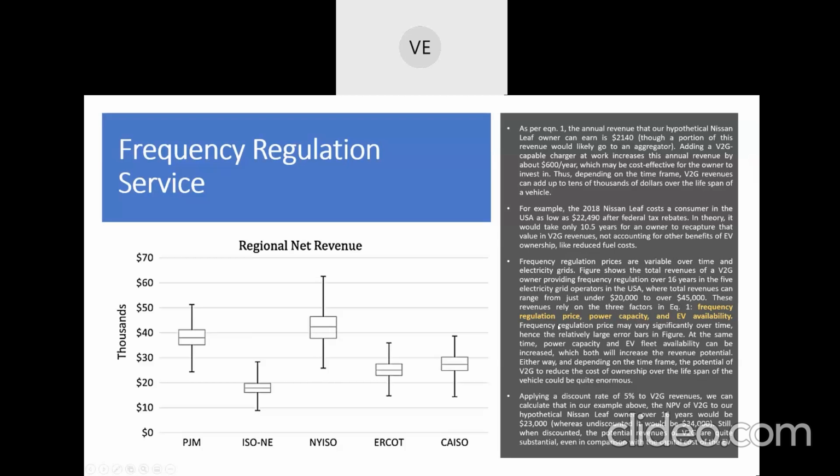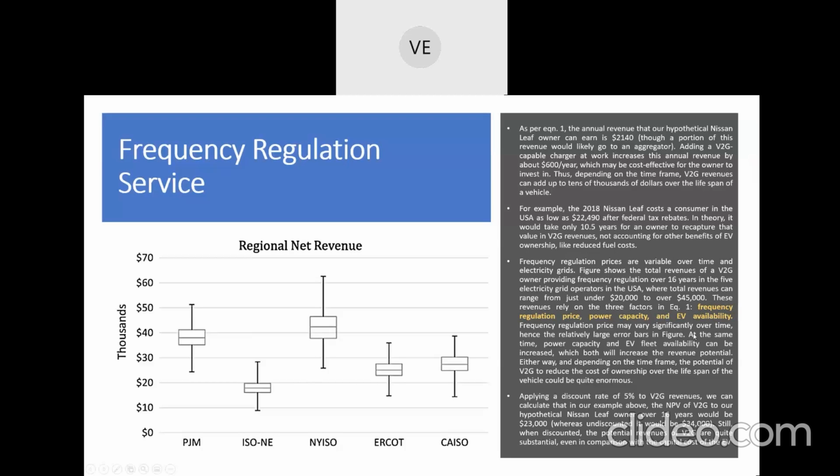One is the frequency regulation price, that is varying. Then power capacity. Capacity itself varies, because whatever he commits, he may not be able to provide at that particular time, because everything depends on practical planning. Then EV availability. The vehicle may not be available at the parking lot at the committed time period. So based on these, revenues can vary.